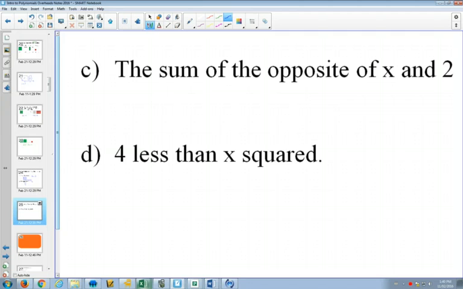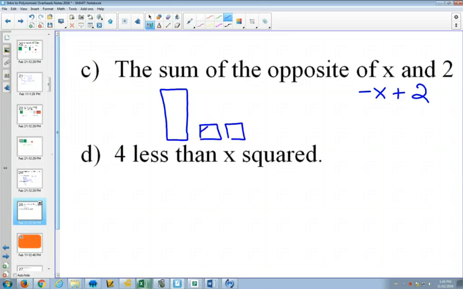The opposite of x would be negative x. What does sum mean? Add. So we're adding negative x plus 2. How would we draw that? Negative x wouldn't be colored in. But the plus 2 would be.